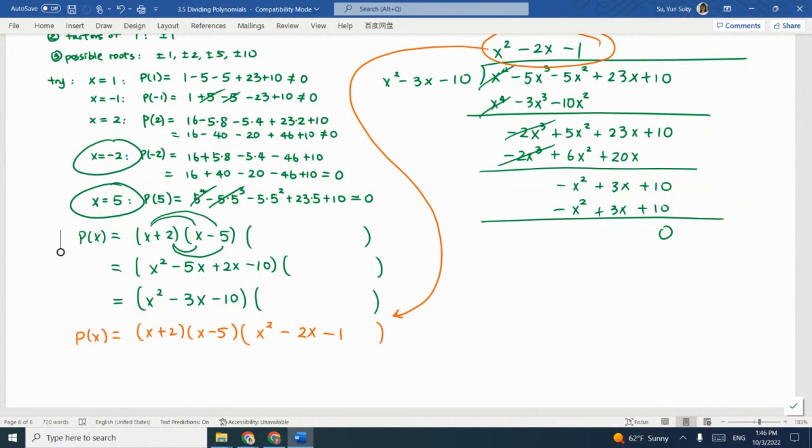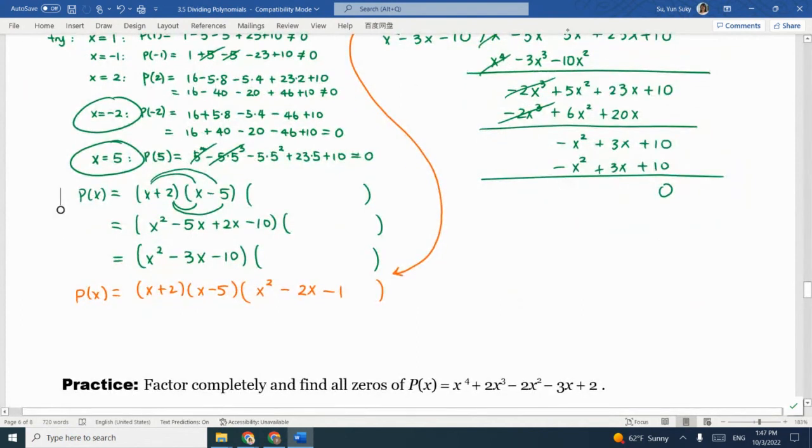Okay? And then you think about, oh, can we factor it? No, right? Negative 1 factors is 1 and negative 1. It won't give you negative 2 here. That's why if you cannot factor it, use quadratic formula.